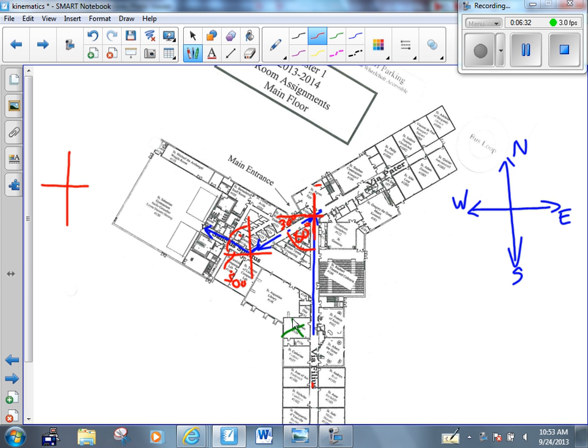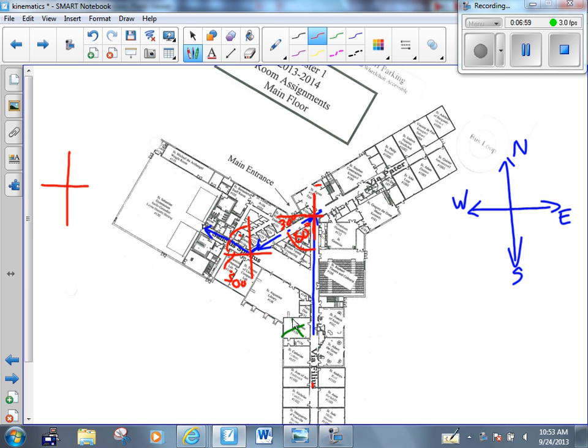So this becomes much easier if you're looking at the map like we are right now. That's not the way we usually look at the school map, but it becomes a lot easier to deal with the angles if we look at it this way. It also becomes a lot easier if we start somewhere down here in the science wing. If you start somewhere else, which is possible, then it's probably a good idea to rotate your map differently than we have right here.